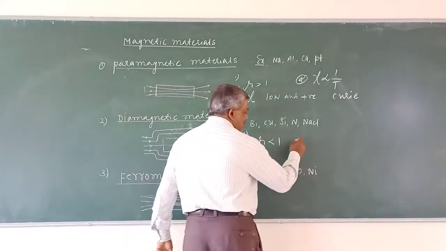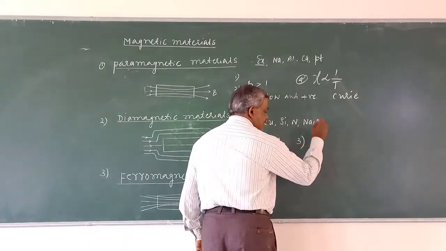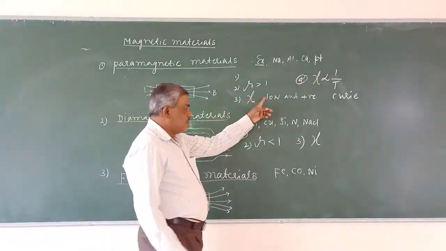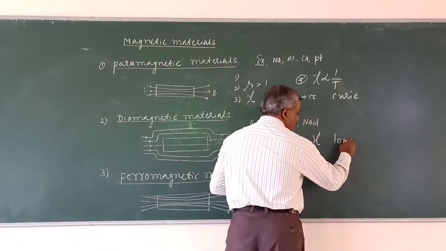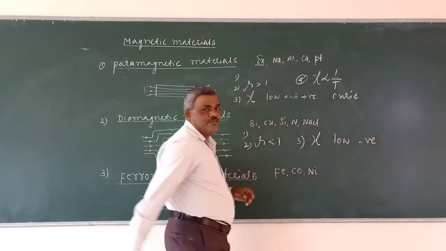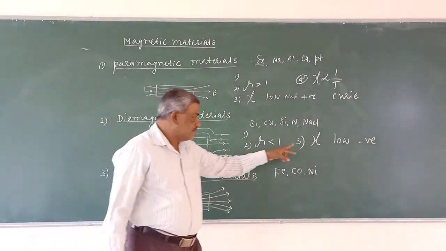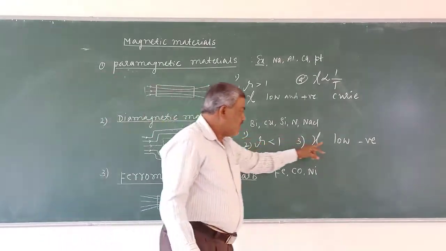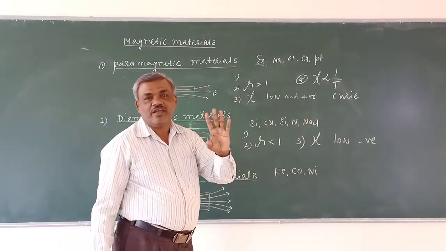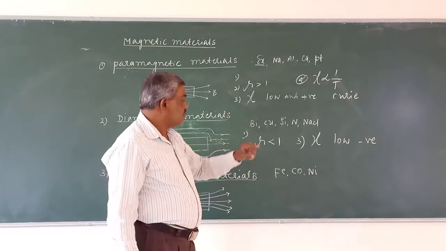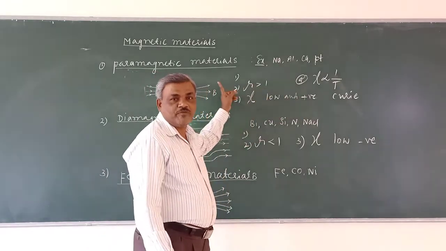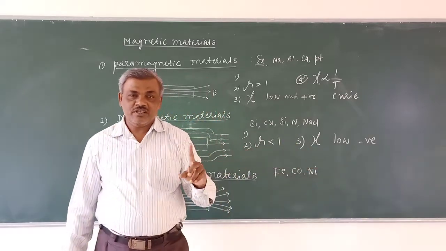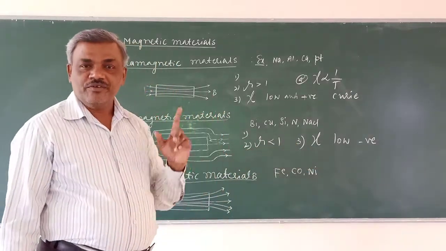And third, susceptibility. Susceptibility of diamagnetic materials is low and negative. Low and negative is a very important point here. So here it is low and positive for para, and for dia, susceptibility is low and negative.